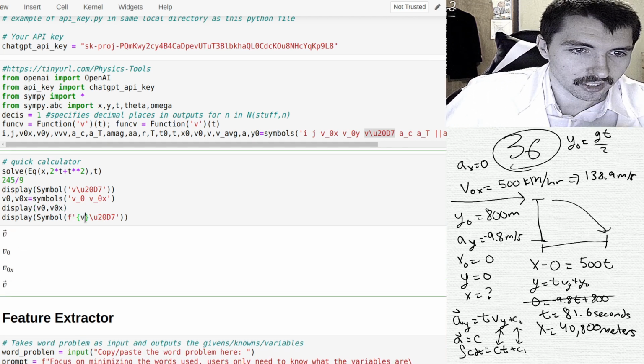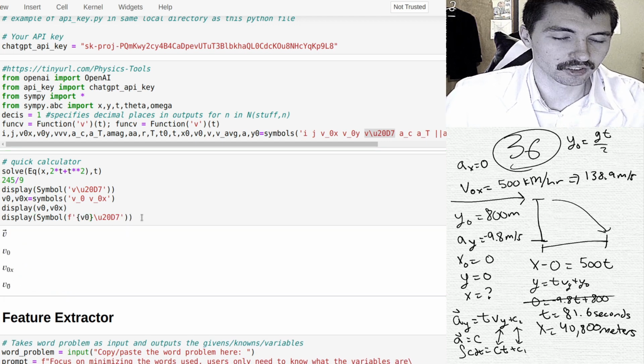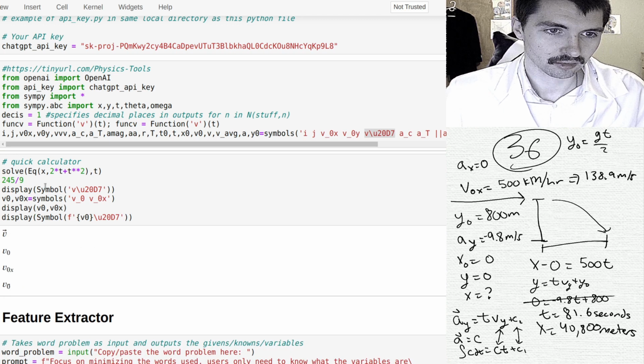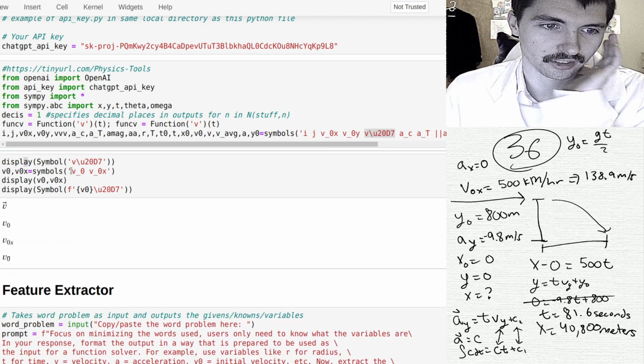I want to splice it. It doesn't work. So I might just post this on the SymPy GitHub.